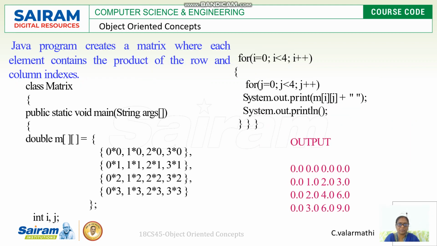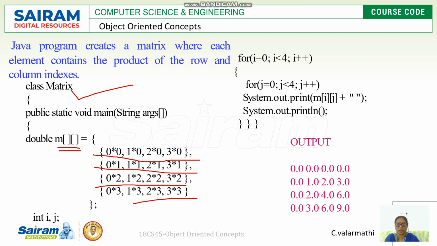Here is one example which shows the matrix. Here a two-dimensional array M is given. Using curly braces, the first row value is specified, and the second row value is also specified using separate curly braces.